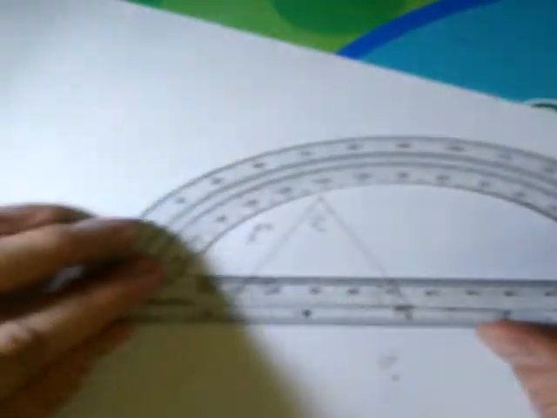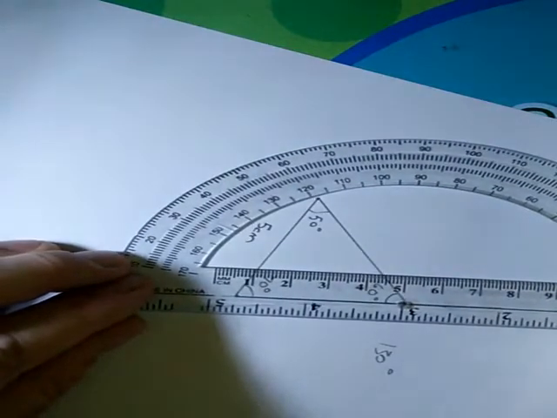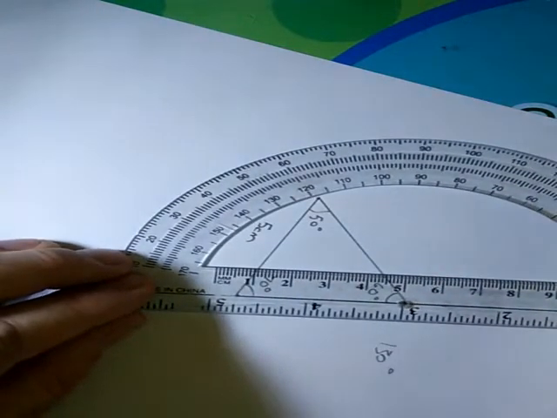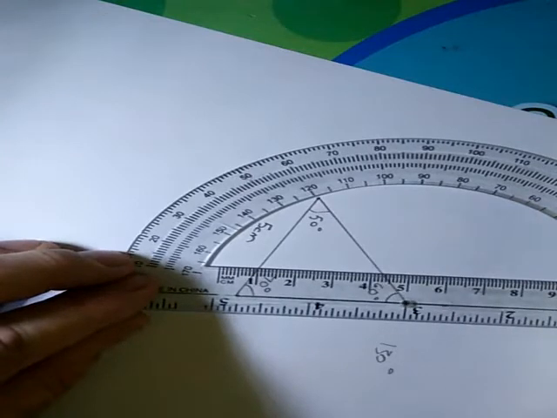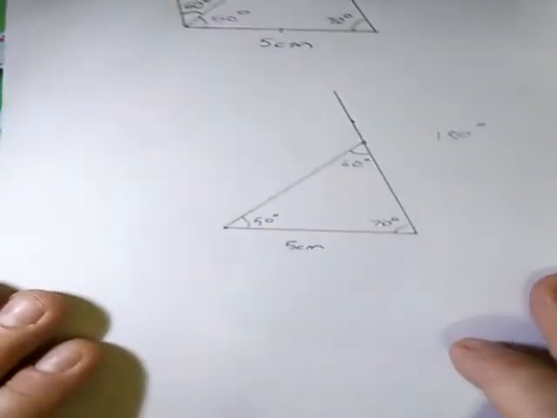And I'm going to double check and make sure that I have 60 degrees right here. 60 degrees. Wow, it's a little bit off actually. That's close. I might call it 61. But that's going to be close enough for this exam.